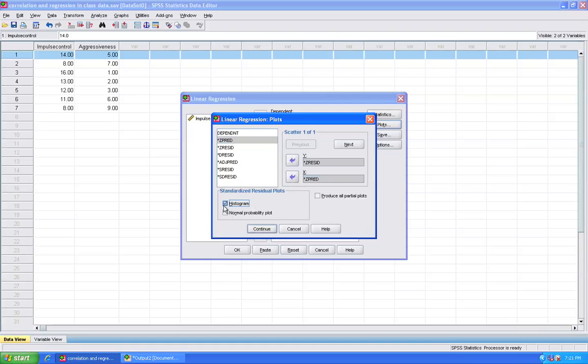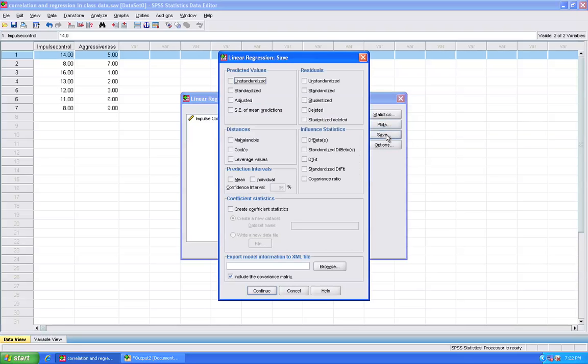We're also going to get histograms and normal probability plots of the residuals. One of the assumptions in regression analysis is that the residuals, or the error terms, are normally distributed. These two pieces of information, the histogram and the normal probability plot, provide information about whether the residuals are normally distributed.